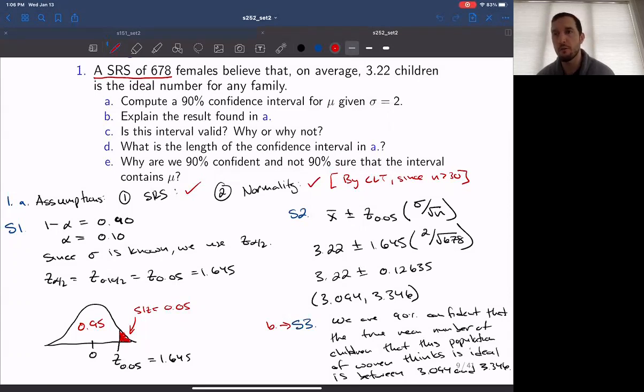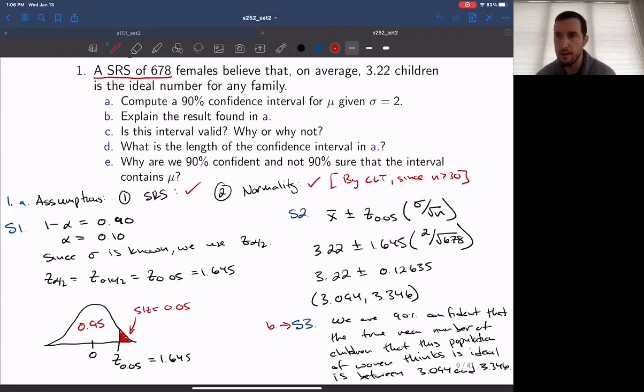Now, from a practical point of view, the kind of statement we could make is that females in this population believe that more than 3 children is the ideal number for any family.